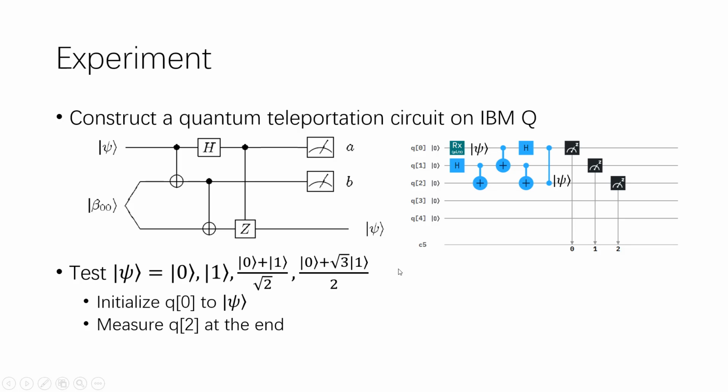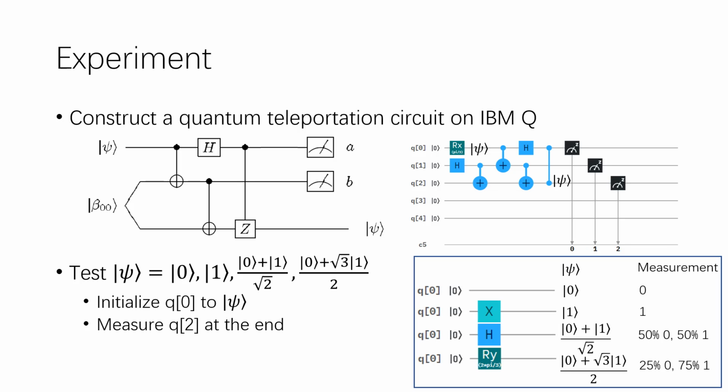But the question is, how can we prepare the Q0 qubit into these different states? The 0 state is easy because it is already initialized to 0, and if we measure the 0 state, it is 100% 0. If you want to change it to 1, we need to apply an X gate on the 0 state, which changes it from 0 to 1, and the measurement will turn out to be 100% 1.